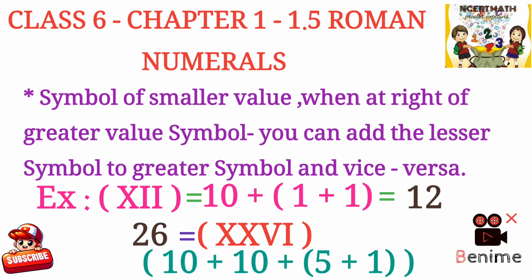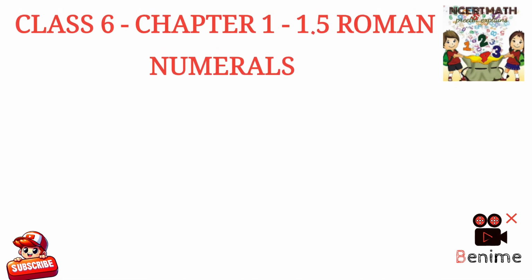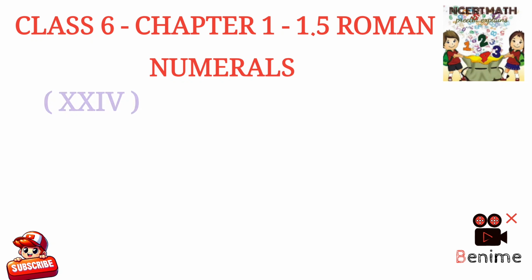Similarly, there is another point in the same rule. If you find a Roman numeral greater than the current Roman numeral, exactly to its right, then you have to subtract. How is it possible?